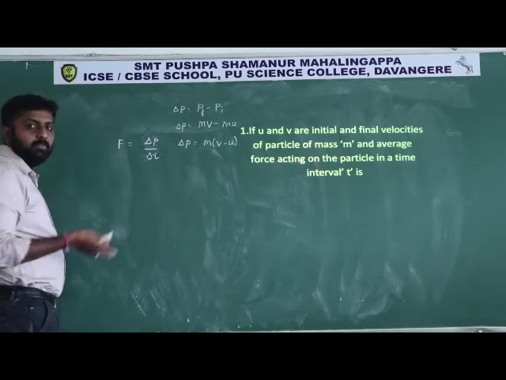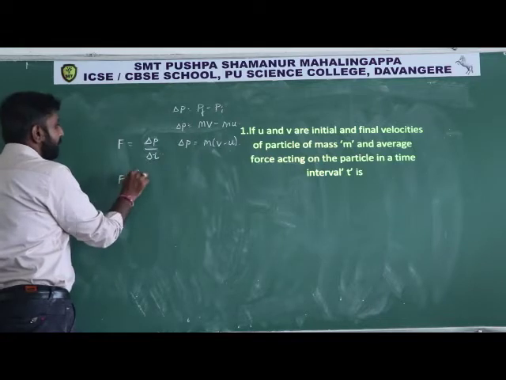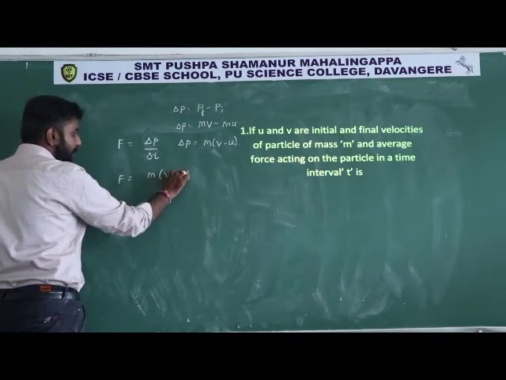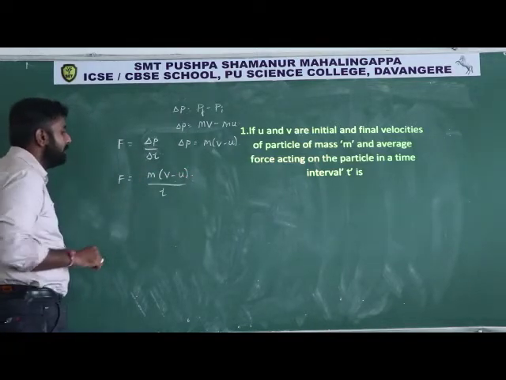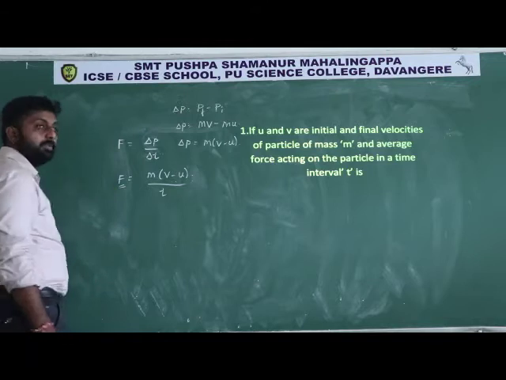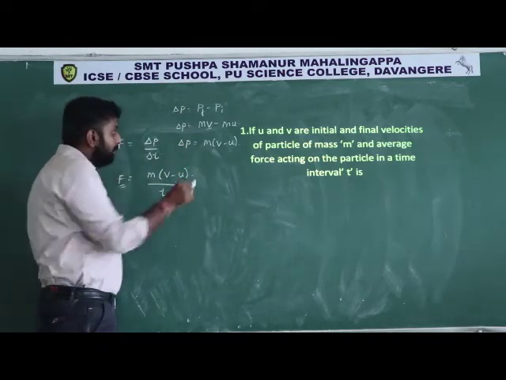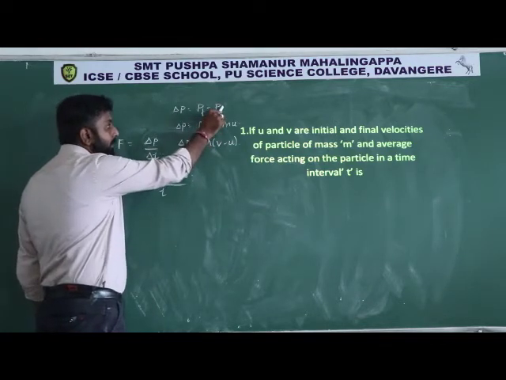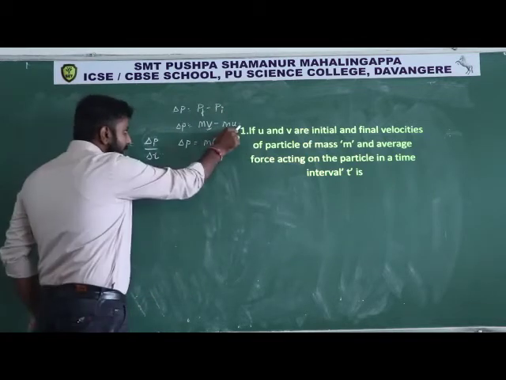Applied force is equals to rate of change of momentum. Then F is equals to, remember this formula, m into v minus u by t. This is the applied force. Here v is the final velocity, hence I wrote final v here, and initial velocity is denoted by u.